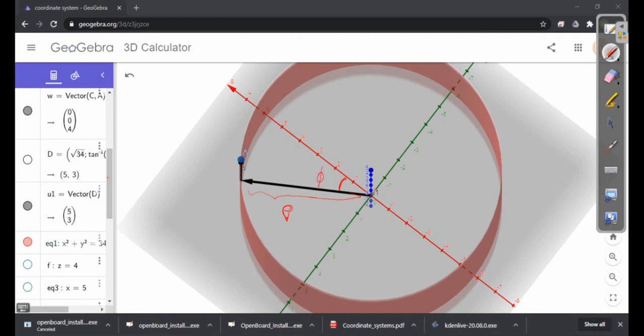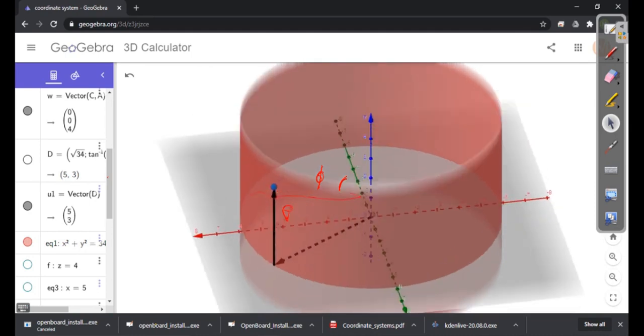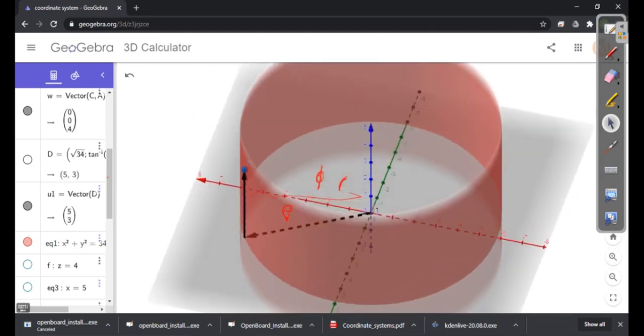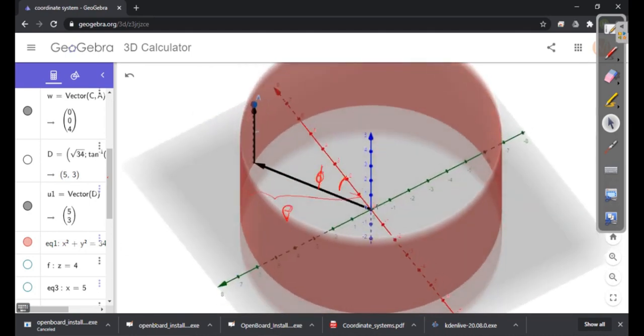The third one, the height which I have to climb up, is called z. So again we require three parameters. What are they? Rho, phi and z.